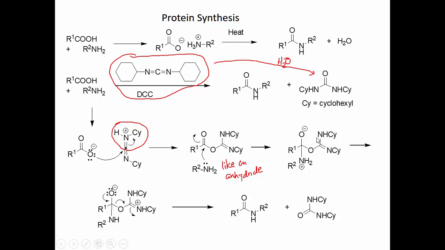First we're going to move a proton over to here, and this set of arrows that you see here will directly produce the amide and the urea. Now we have a very mild method for mixing an amine and a carboxylic acid together and making an amide.